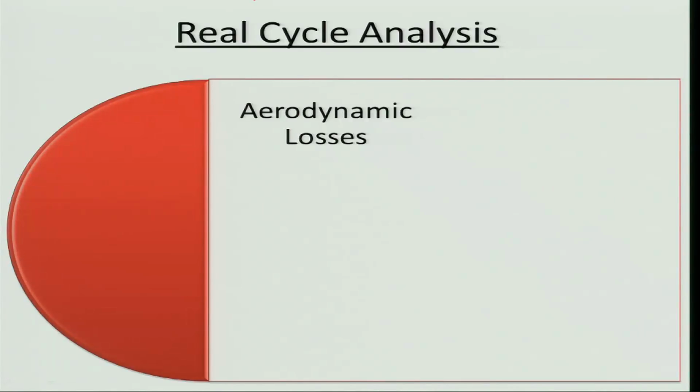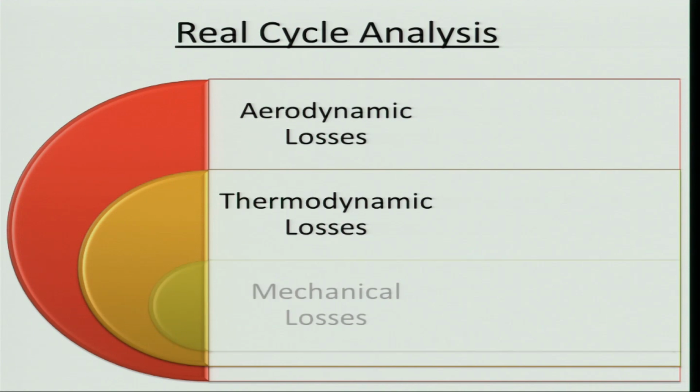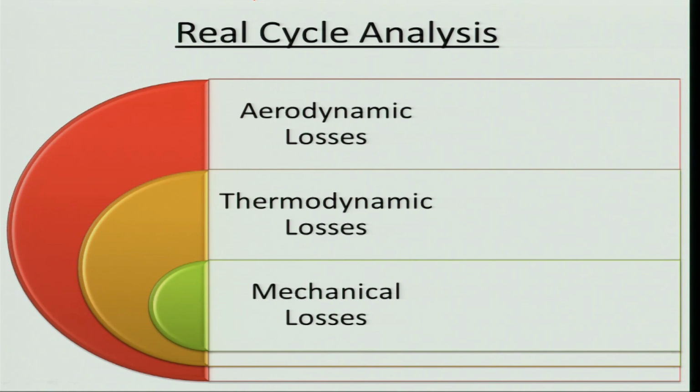There will be another kind of losses which will be basically due to heat transfer, because when the flow is taking place it is the combustor. So, broadly it can be divided into three categories. One is aerodynamic losses, another is thermodynamic losses, and the third one is mechanical losses, right.